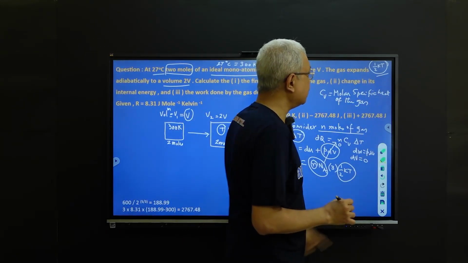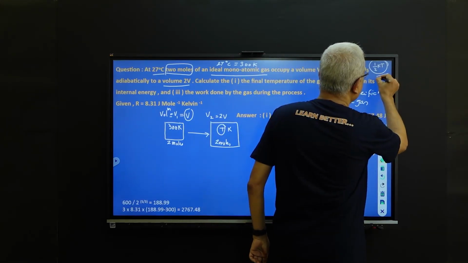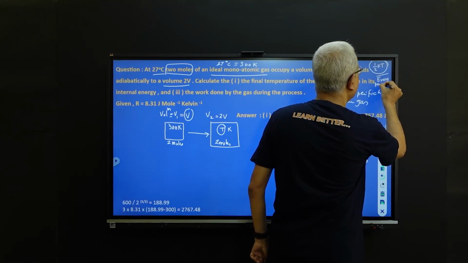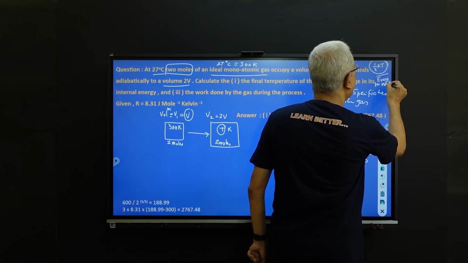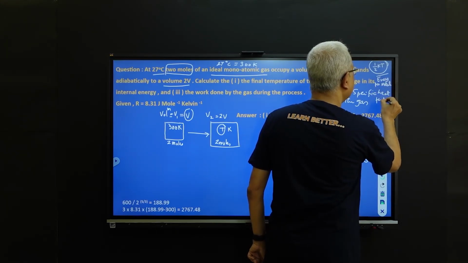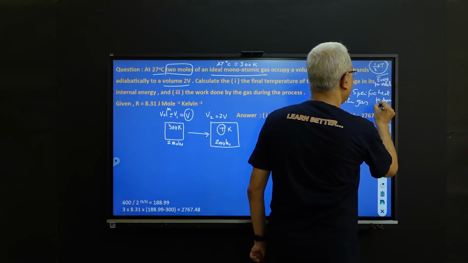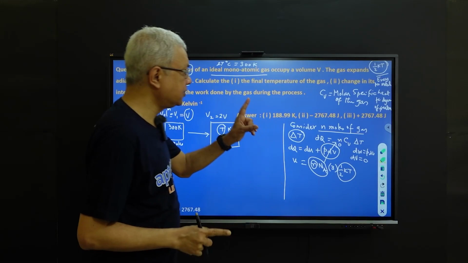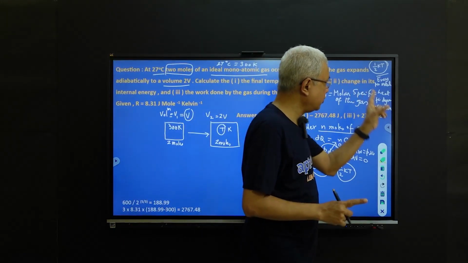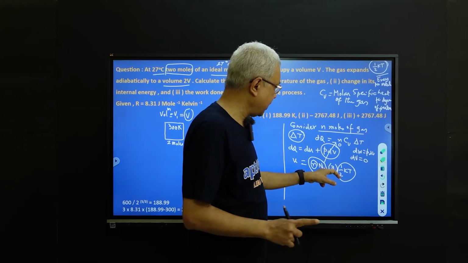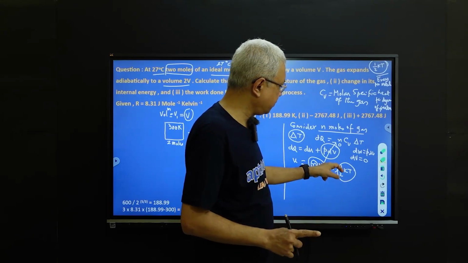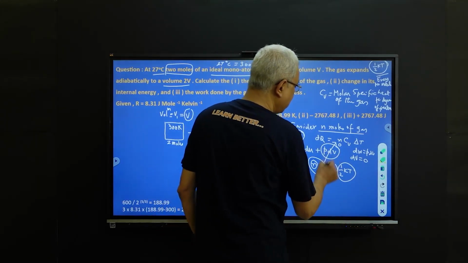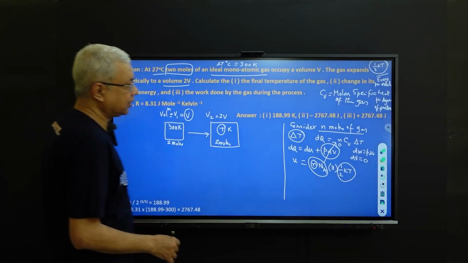So half kT is the energy of a single molecule per degree of freedom. That multiplied by 3, the degrees of freedom of molecules of a monoatomic gas, and there are n into Na molecules in the gas.